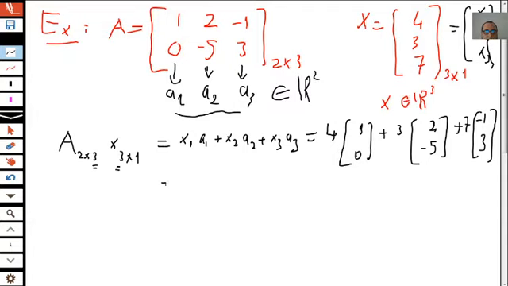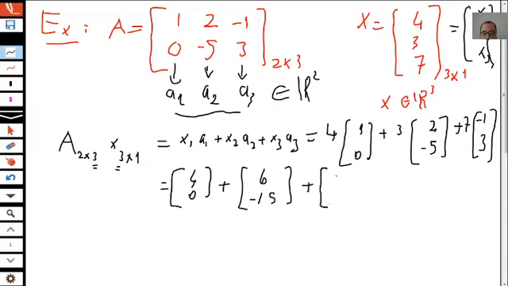And from here it is equal to, using the scalar multiplication for vectors, as you know from calculus 2, (4, 0) plus (6, -15) plus (-7, 21). And from here we obtain, using the vector addition, 3 for the first component, and for the second component we have 6.